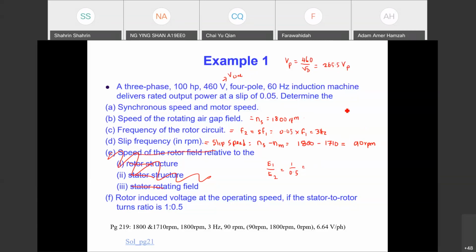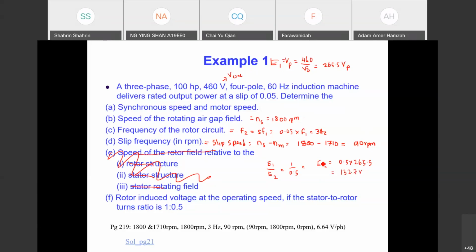And we assume that your E1 here is equal to the voltage supply. Okay, so my E2 induced is equal to 0.5 multiplied with 265.5. Okay, so this one will be 132.7.